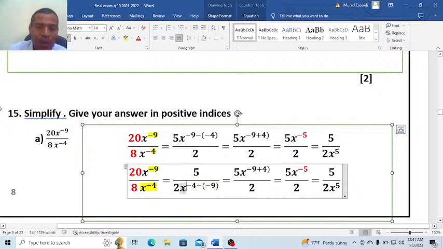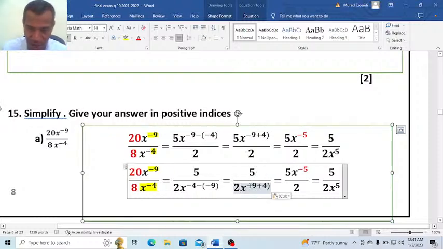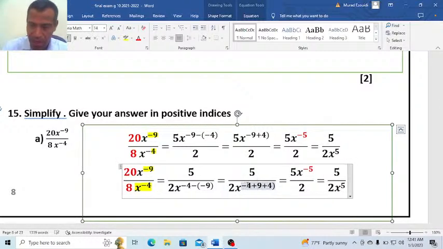Okay, no problem. Then x to the power negative 9, when it comes down, I'll give it a negative sign. So negative gives what, learners? Gives positive. Therefore, this one will give me 5 divided by 2 times x to the power negative 4 plus 9.